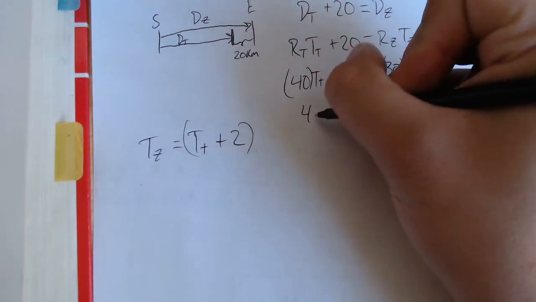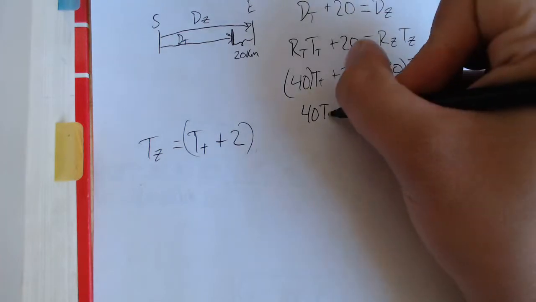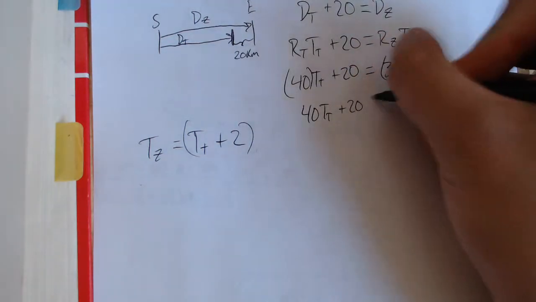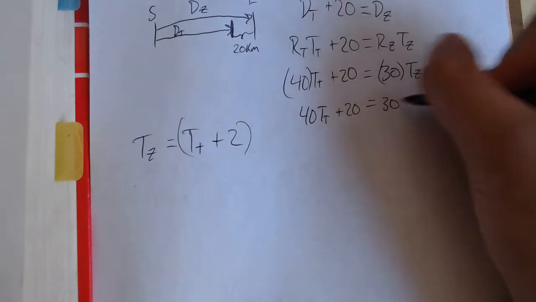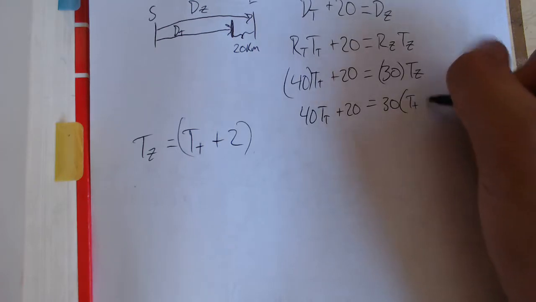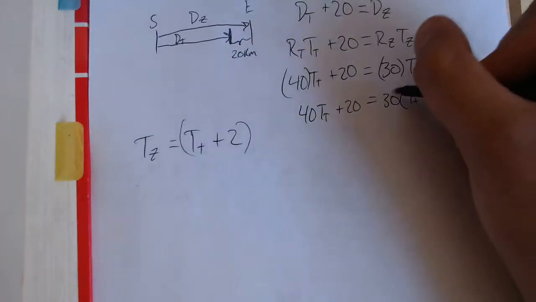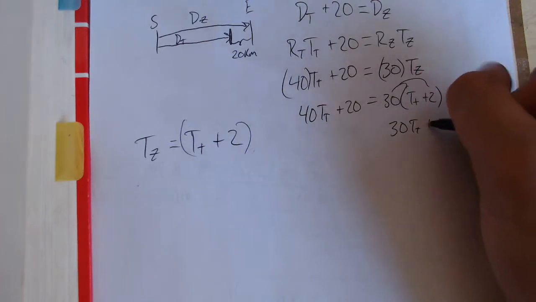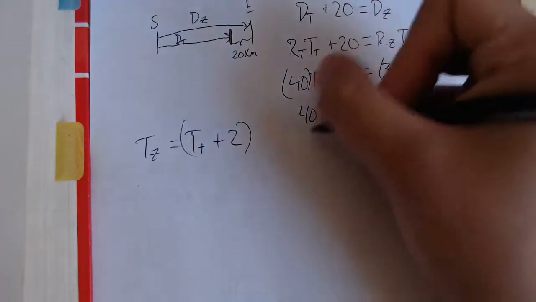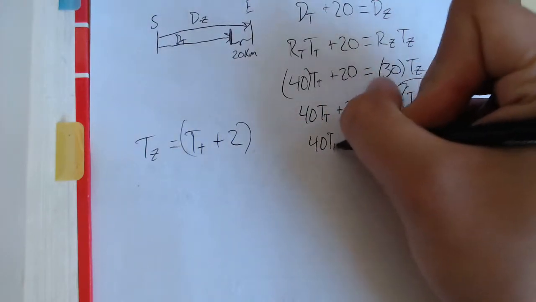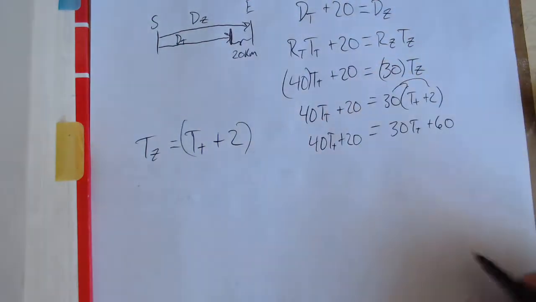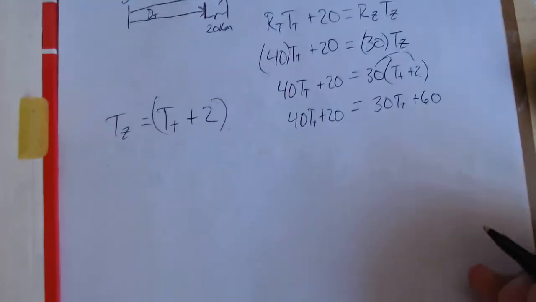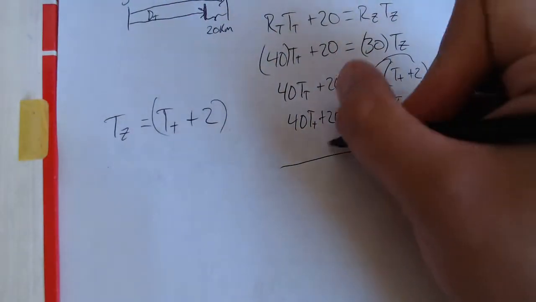So our equation is now 40 times time of T plus 20 equals 30 times, parentheses, time of t plus 2. We can simplify this through distribution. We get 30 time of t plus 60. And we can start solving this equation now because we've only got one unknown. So we'll get all the t's on one side, all the whole numbers on the other.